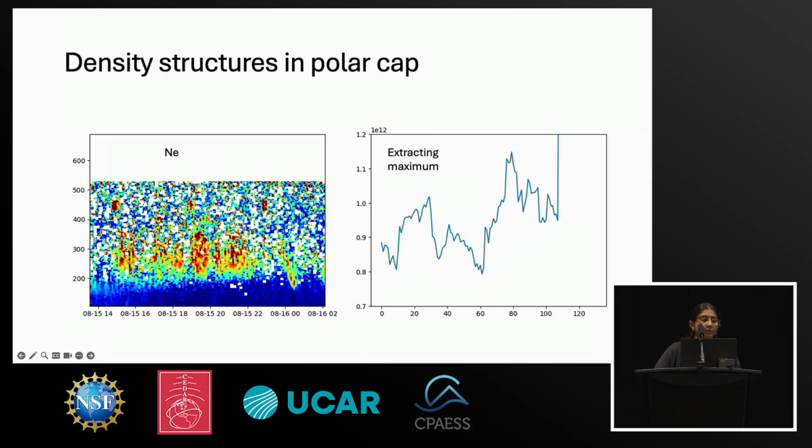If you just extract the maximum from that, you see some structure. This is not necessarily periodic, not necessarily patch-like, but the variability exists, and this variability is something to understand more deeply than just saying, well, yeah, it's variable.